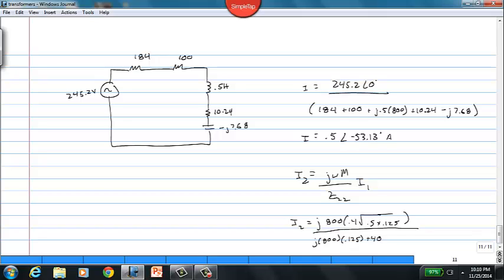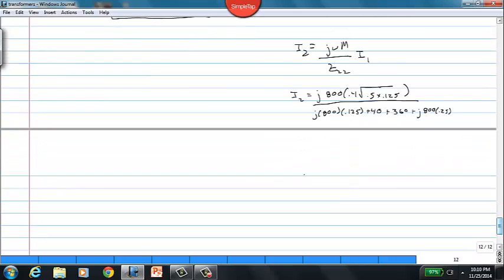And then we have the load device, which was plus 360 plus J times 800 times 0.25 to account for the inductance. And what that gives us is I2 is equal to 0.08 at an angle of 0 degrees amps.